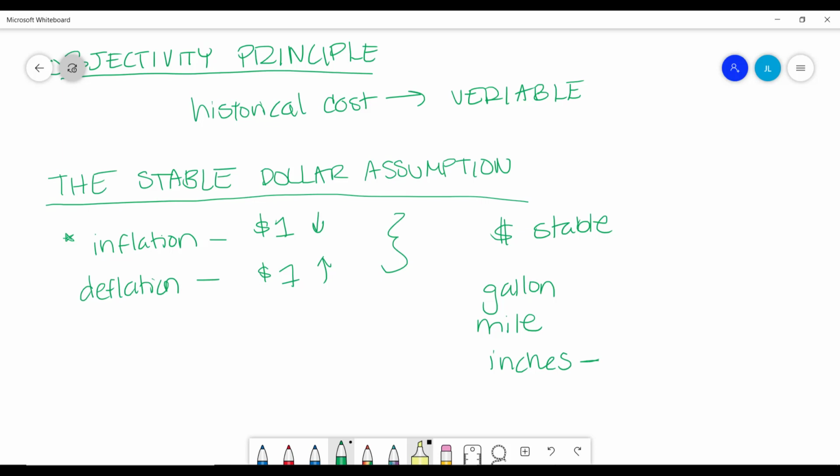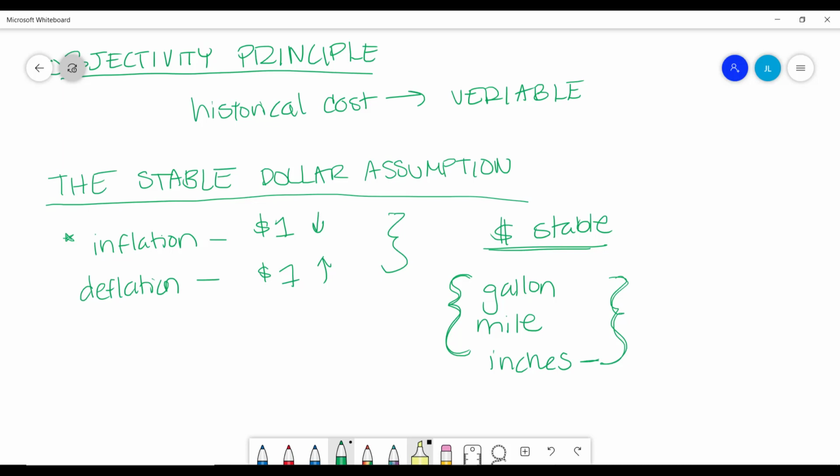The volatility of the economy is not going to impact these measurements, right? Something's either 2 miles or it's not 2 miles, right? But because of how economics works, a dollar doesn't behave in the same way. A dollar's value can go up and down as time goes on, and that complicates an accountant's job. So for that reason, accountants, when they're setting up financial statements, just assume the dollar is stable and treat it like these other units of measurement.